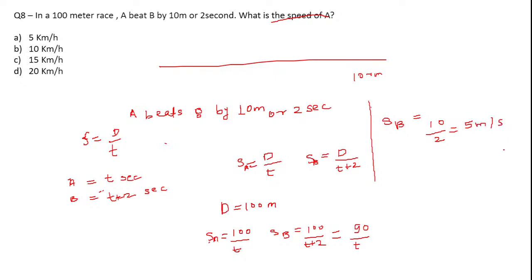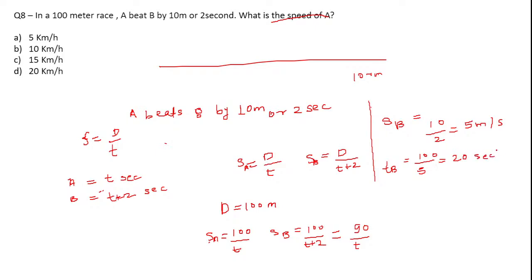Now we calculate the time taken by B to cover 100 meters: T of B equals 100 upon speed of B, which gives 20 seconds.